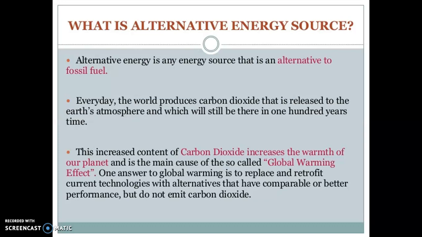This increased content of carbon dioxide increases the warmth of our planet, and it's the main cause of the so-called global warming effect. One answer to global warming is to replace and retrofit current technologies with alternatives that have comparable or better performance, but don't emit carbon dioxide.